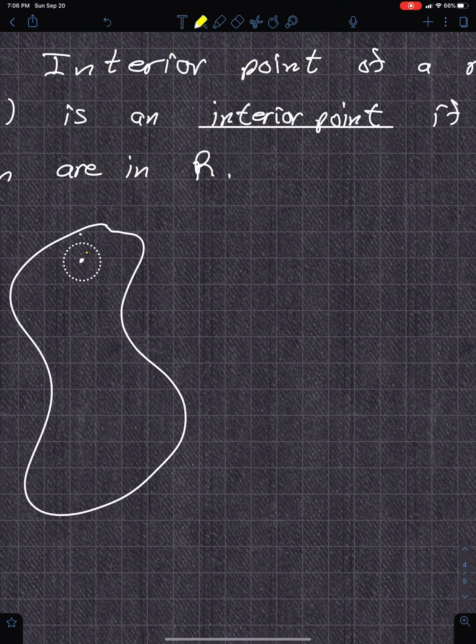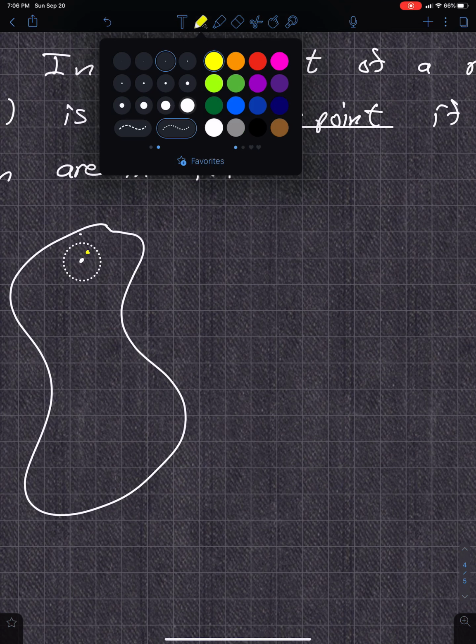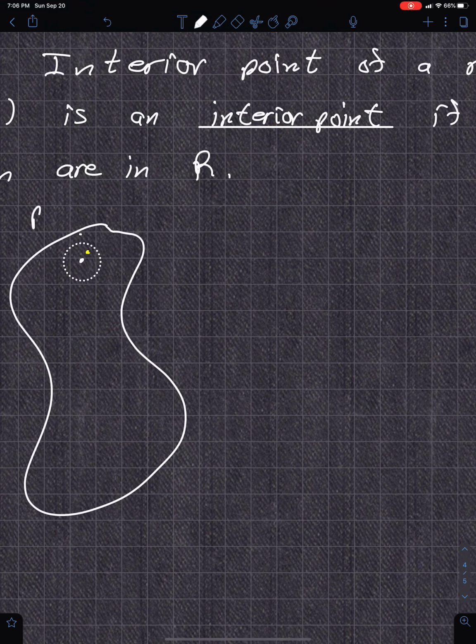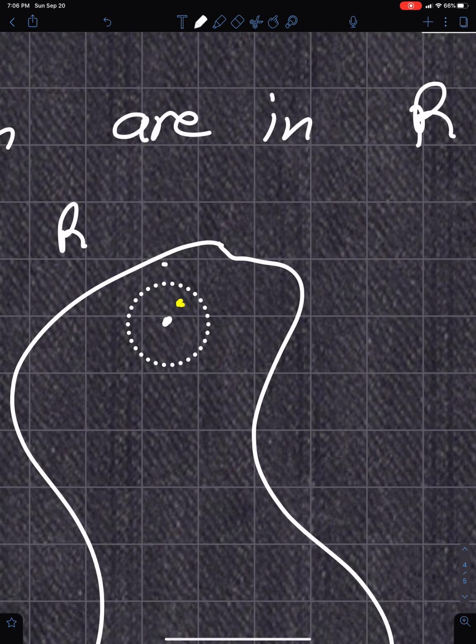So all of these points are inside our region R. Okay, so here's my R. And is that little dot right there an interior point? Well, of course it is. If I zoomed in far enough, I could get a tiny little delta neighborhood around it. I can't zoom far enough, but you can always do that. So that's an interior point.